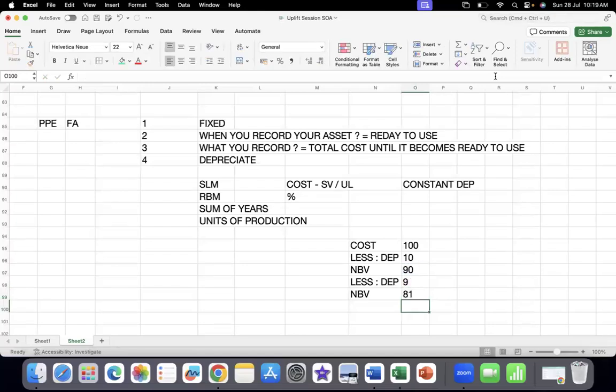This will continue until it becomes 0, or until you sell off the asset. Then there is the sum of years of digits. The formula says that depreciation is equal to n plus 1, divided by 2.